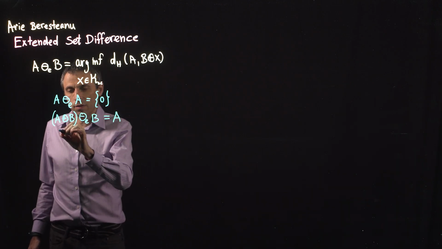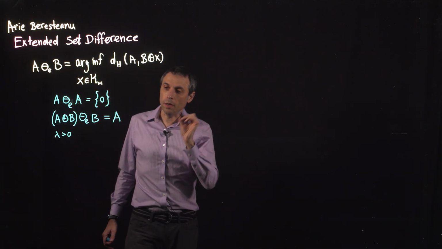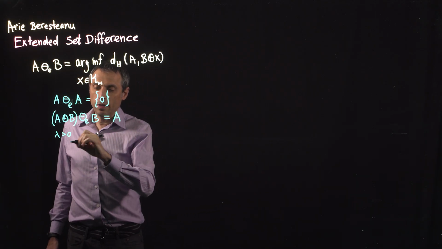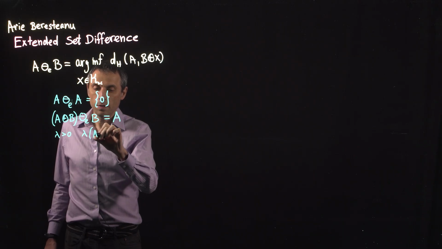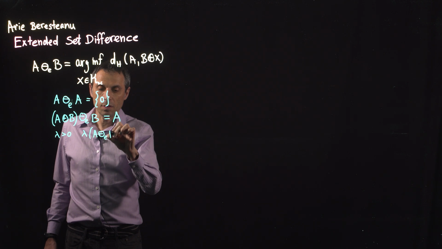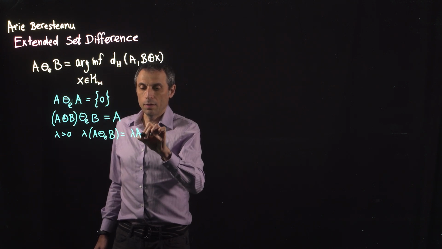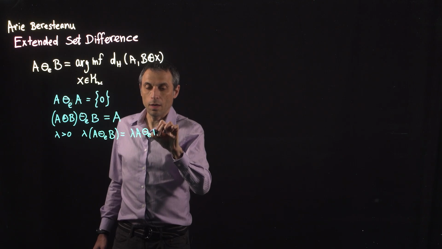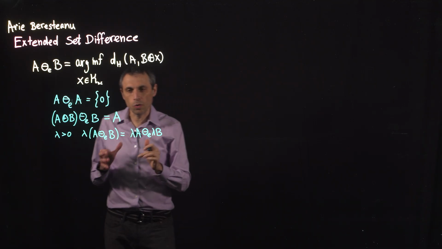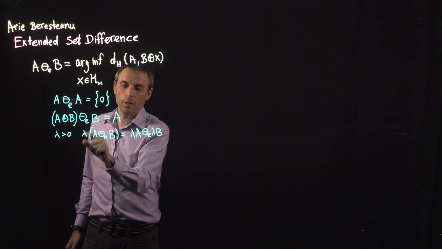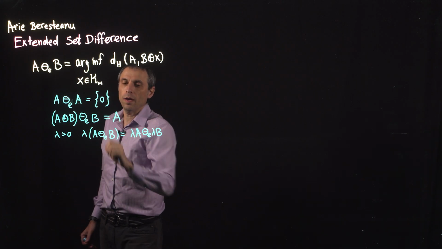Another result that we will have is that if we have a constant lambda bigger than 0, a real number, then if we take lambda and multiply it by A extended difference B, it's equal to lambda A extended difference lambda B. Now here, that's a little bit of abuse of notation, because this is a collection of sets, and lambda times this collection of sets means we multiply every element of that collection by lambda.